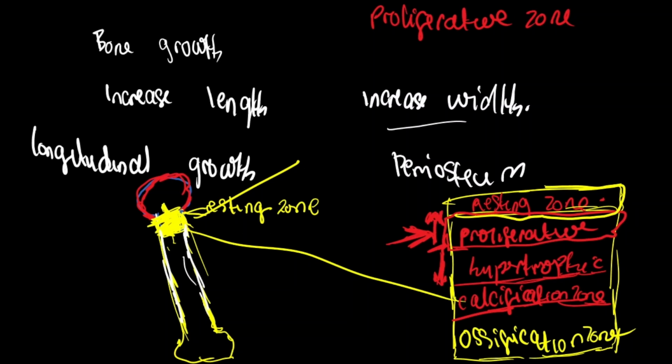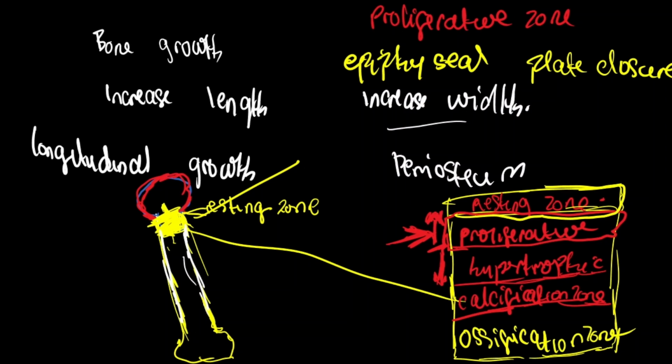What we have after the epiphyseal cartilage or the epiphyseal plate is totally gone is an epiphyseal plate closure. Of course, the absence of the epiphyseal plate due to epiphyseal plate closure means that the bone would no longer be able to increase in length.